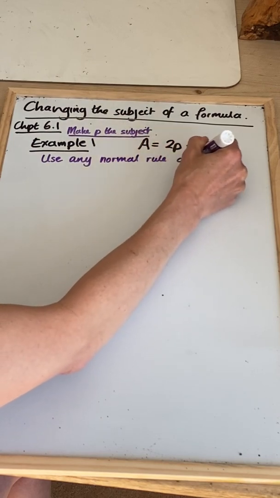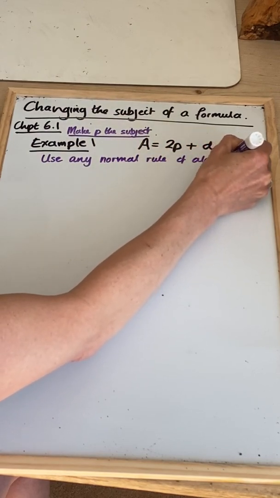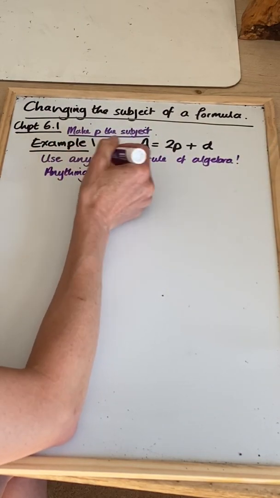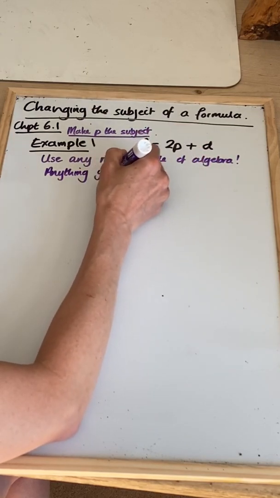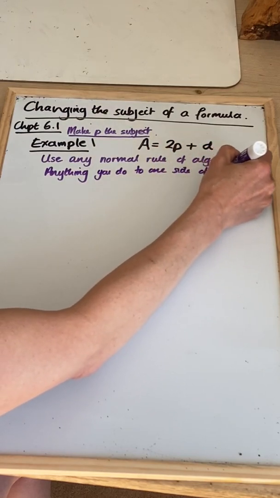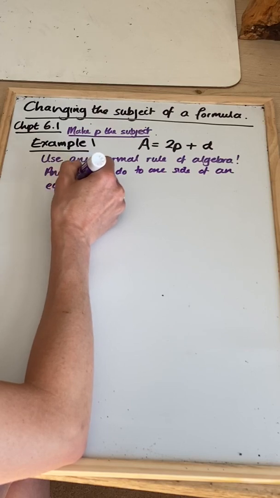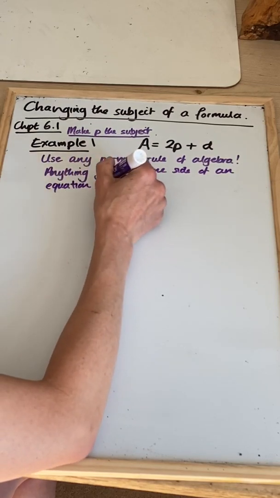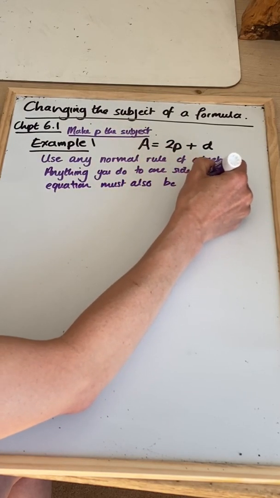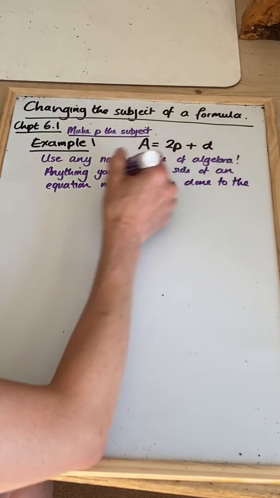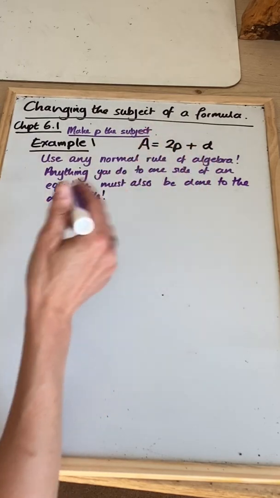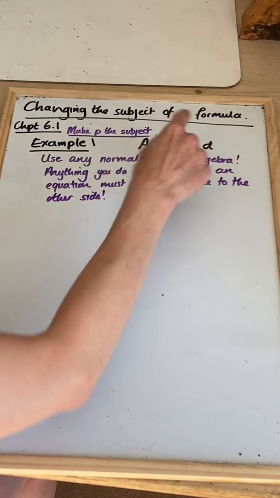And the main one that we really need to think about is that anything you do to one side of an equation, you must do to the other side, otherwise it won't be equal anymore. Right, and that rule we're going to use for lots of examples, but I'm not going to write the rule down again, okay? So let's go back to our formula here.